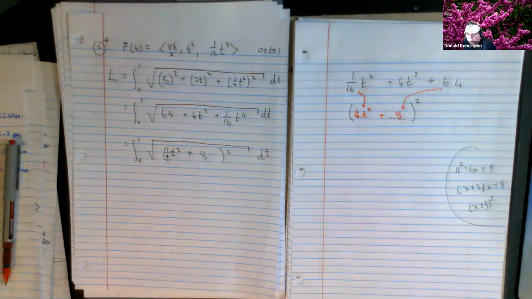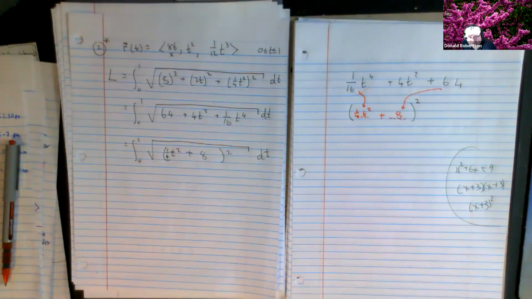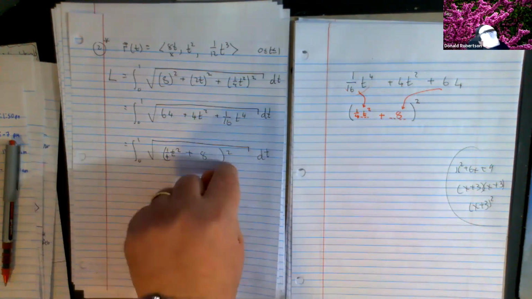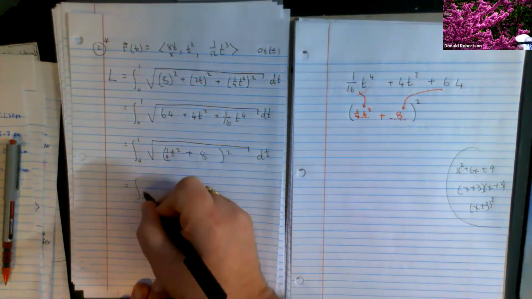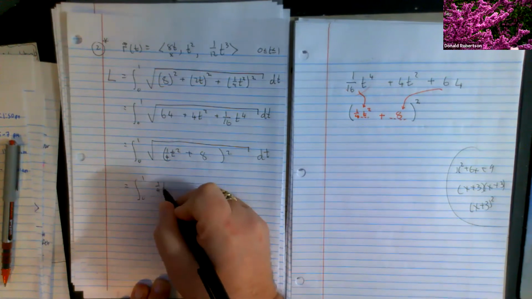Can you see why a perfect square is such a cool thing in this question? Because the square and the square root will annihilate each other. And now we are just left with 1/4 t squared plus 8.